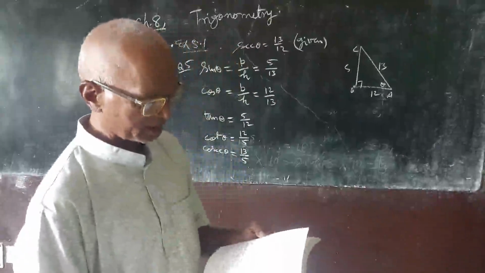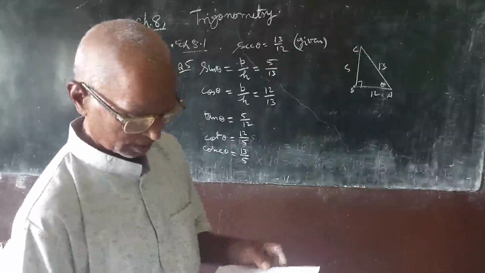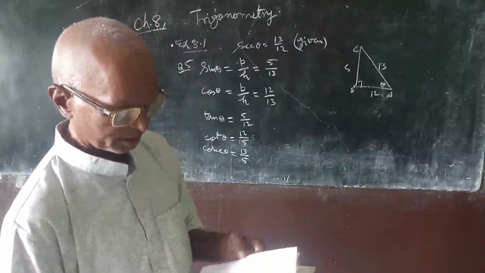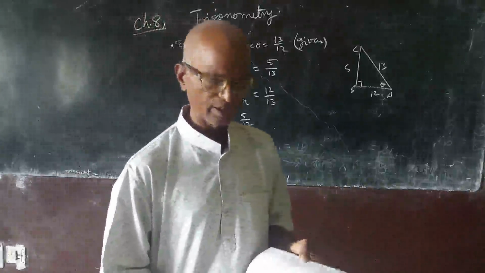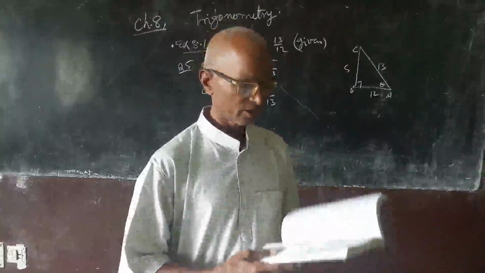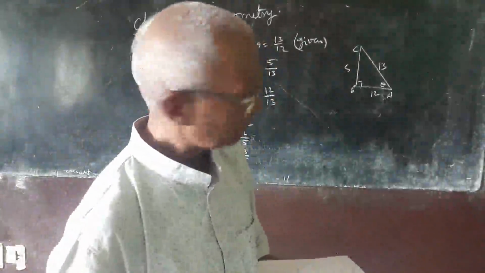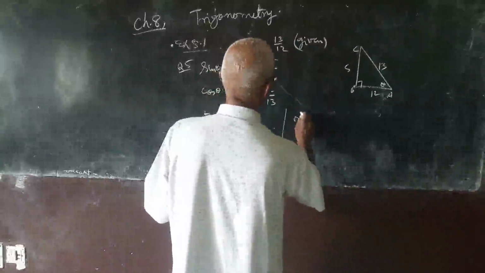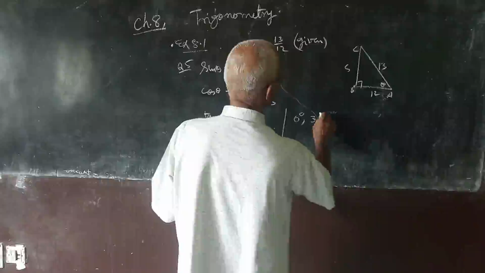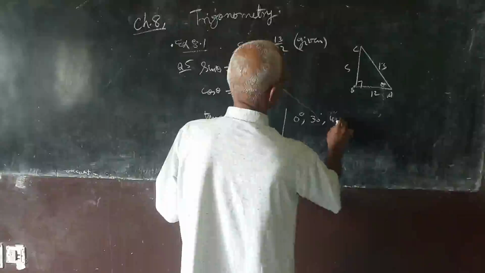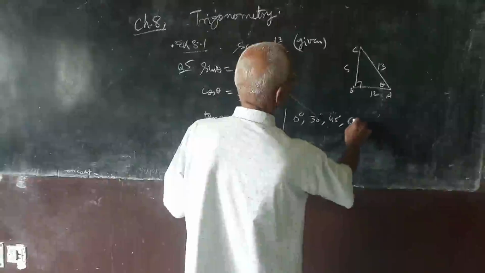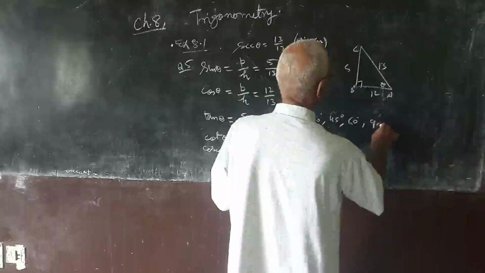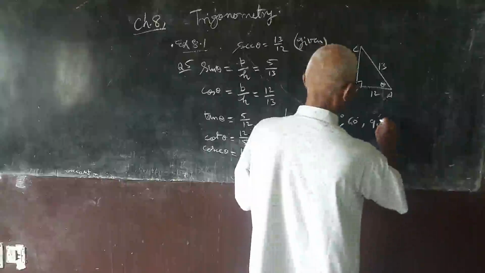So we shall complete this exercise tomorrow, and then we shall take trigonometric ratios of some standard angles. 5 standard angles are for you: 0 degree, 30 degree, 45 degree, 60 degree, and 90 degree. These 5 standard angles are in your syllabus.